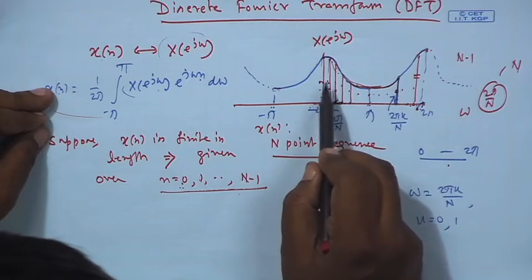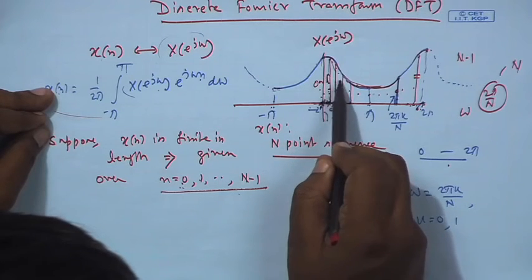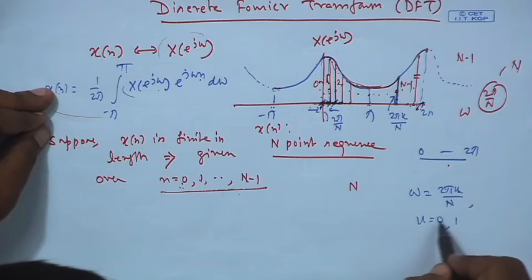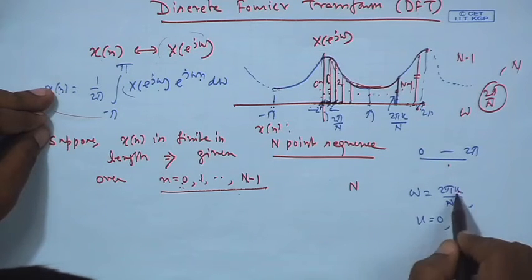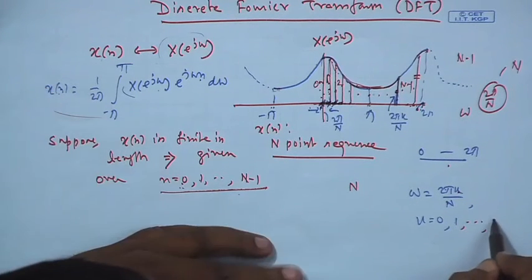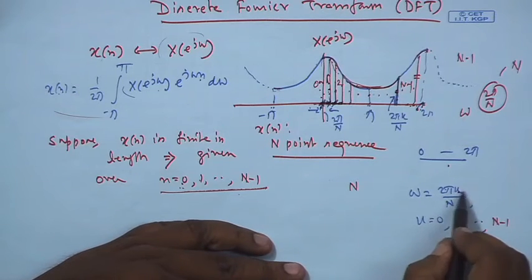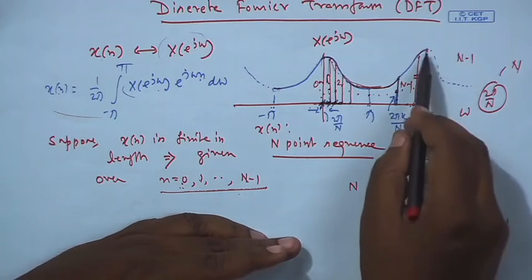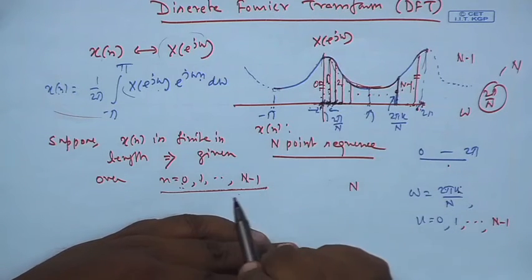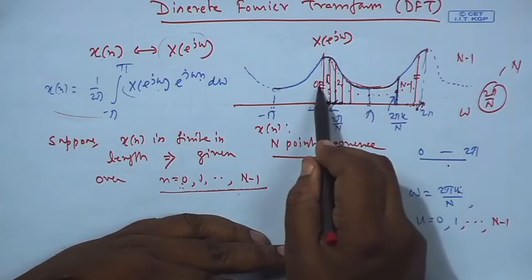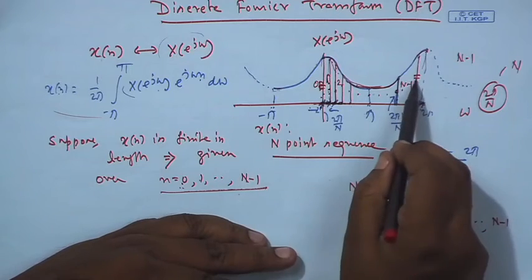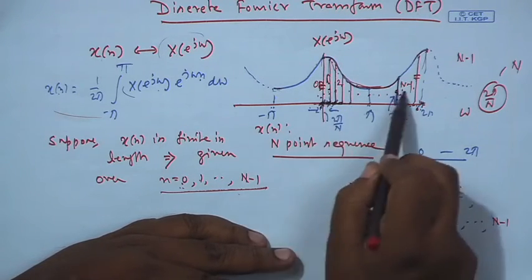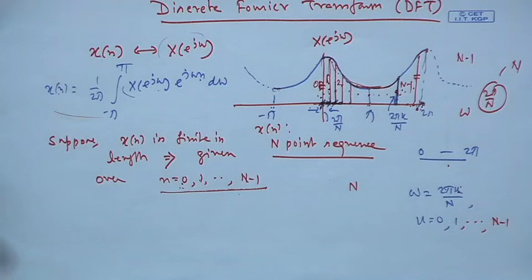So k will be 0 for the 0th sample, 1 for the first sample, and so on up to N minus 1. If you make k equal to N, the N cancels, omega equals 2 pi, and 2 pi means this sample is the same as the original sample. Because of periodicity, this is the same as this. So we will not go up to the Nth, we will go up to the N minus 1th sample. So the total will be 0 to N minus 1, which is N samples.